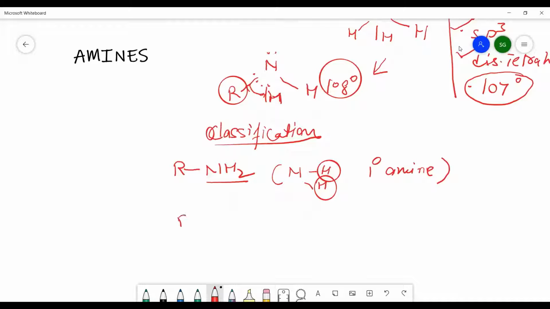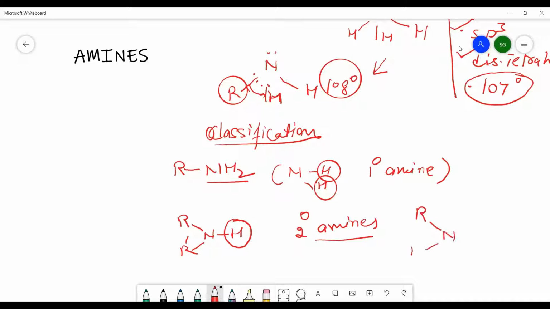If two R groups are present on the nitrogen atom with one hydrogen atom, it is considered a secondary amine. Likewise, if all three hydrogen atoms are replaced by R groups, which may be the same or different, they are called tertiary amines.